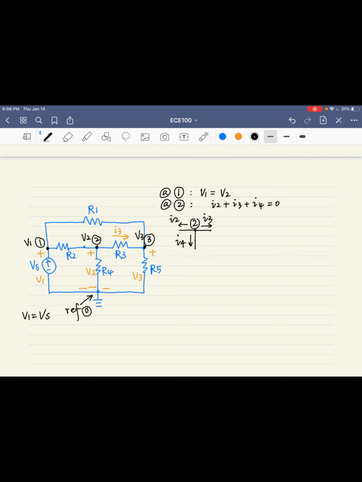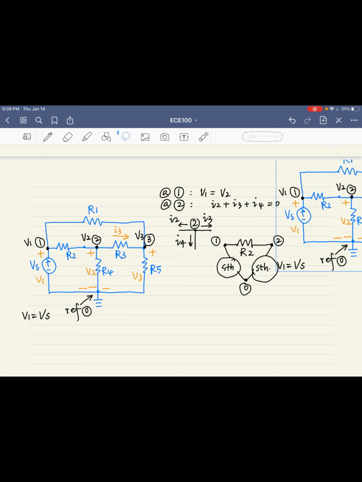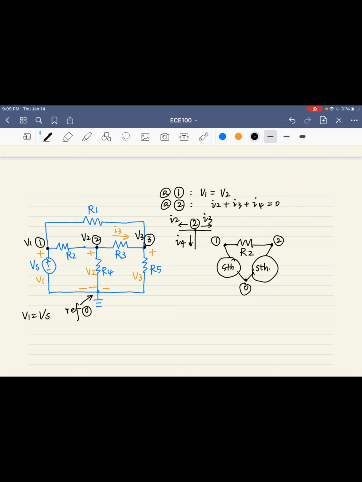And let's break it down one by one. How to compute I2? Something between 0 and 2, and something between 0 and 1. We don't care what they are because we already represent the voltage at node 2 as V2 and the voltage at node 1 as V1. Let's assume R2 is following the passive configuration, which means the current flows from the positive end to the negative end.